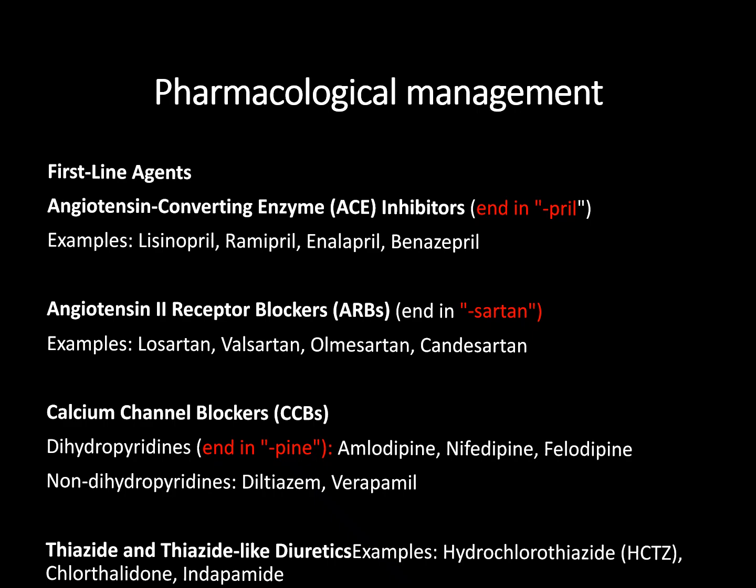Then we have the calcium channel blockers, subdivided into dihydropyridines, which usually end with pine, P-I-N-E, such as amlodipine and nifedipine, and the non-dihydropyridines, which are diltiazem and verapamil. We'll delve deep into this as we go on in the presentation. Then we have thiazide diuretics, a class under the diuretics, an example being hydrochlorothiazide.